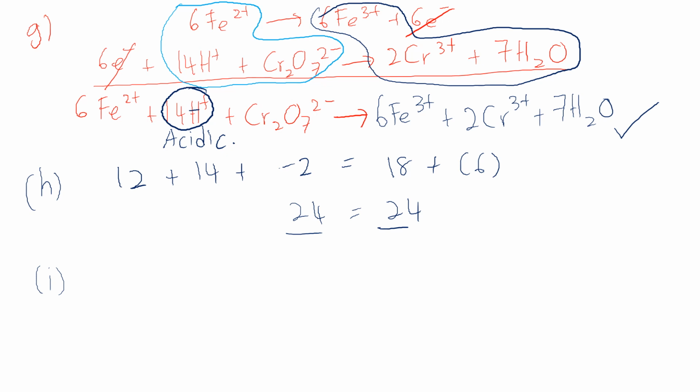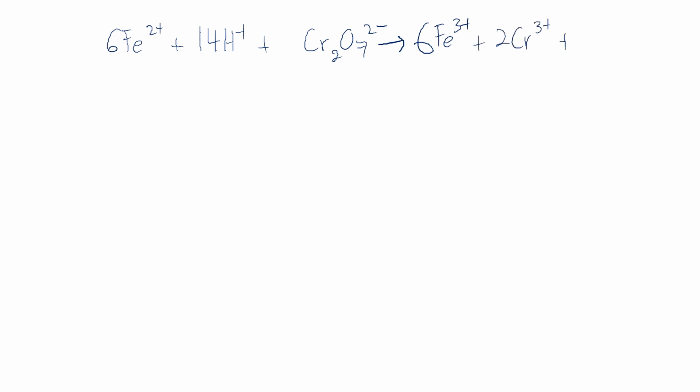Usually we add OH minus to the H plus. Looking at 6 Fe2 plus, 14 H plus, Cr2O7 2 minus produces 6 Fe3 plus, 2 Cr3 plus, 7 H2O.